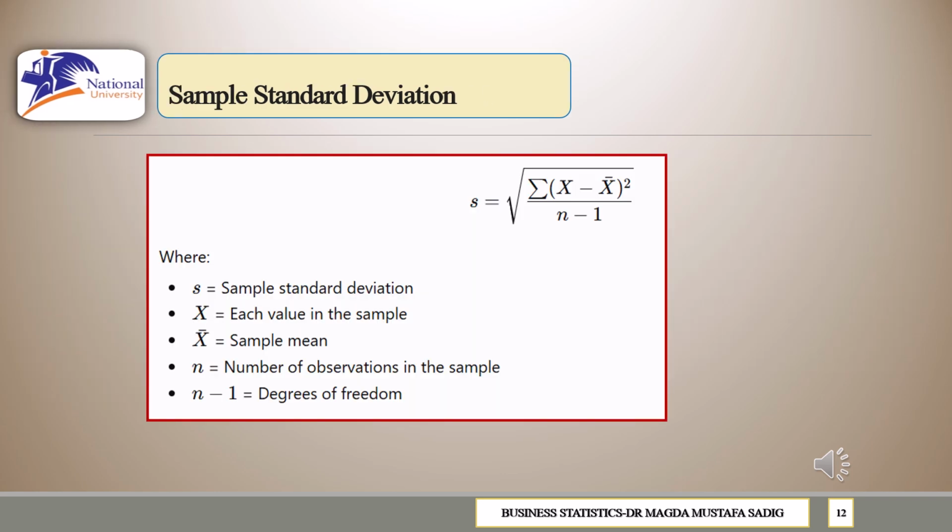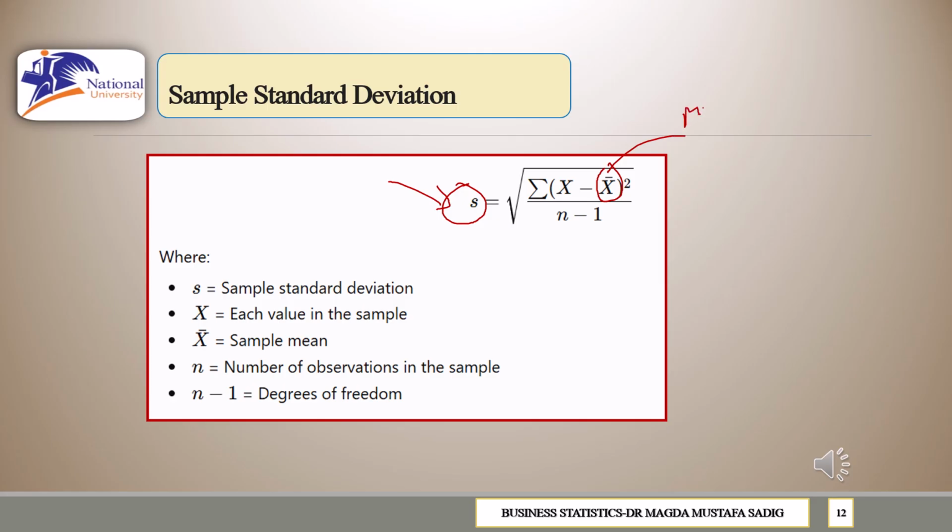Let us calculate the sample standard deviation. Observe that we have the symbol small s for the standard deviation, and then we have the square deviations of the mean of the sample.